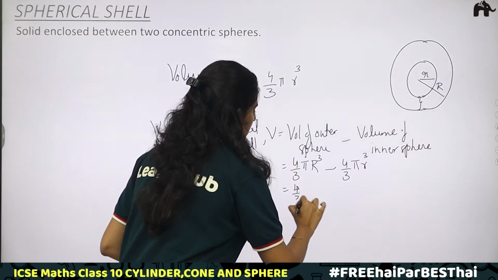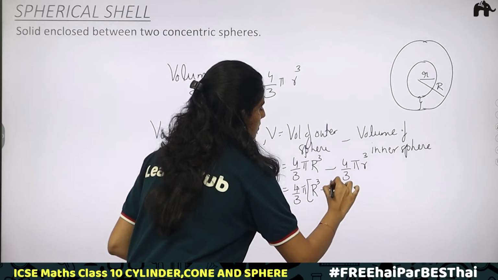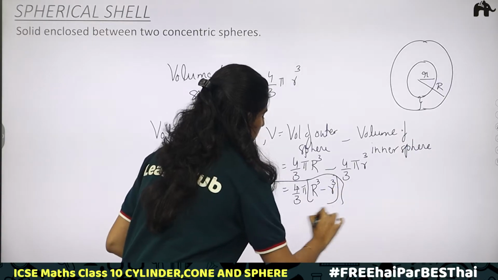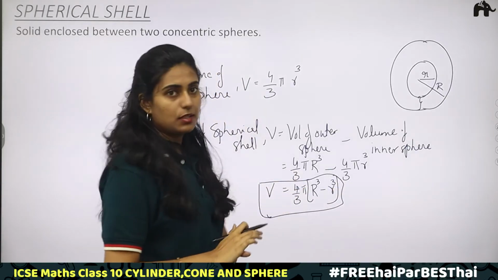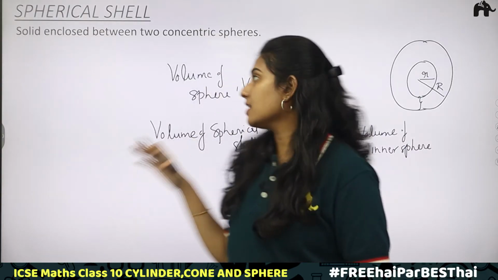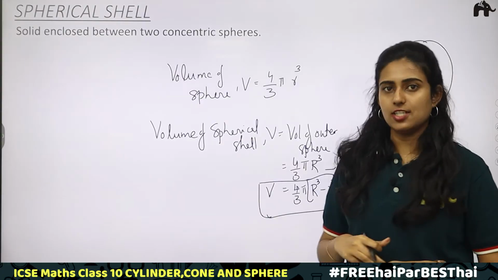Taking out 4 by 3 pi, we have capital R cube minus small r cube. So the required volume of a spherical shell is 4 by 3 pi times capital R cube minus small r cube. If you know the radius of the outer sphere and inner sphere, we can find the volume of a spherical shell.